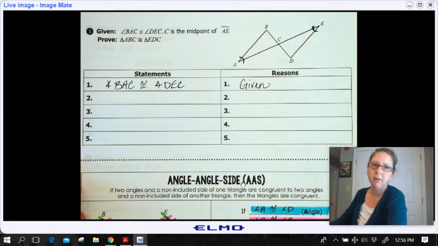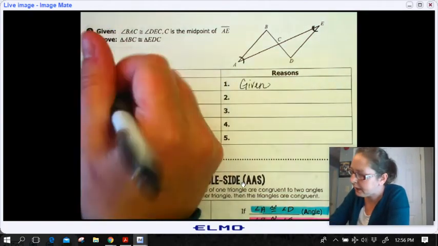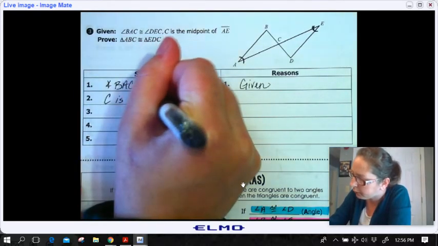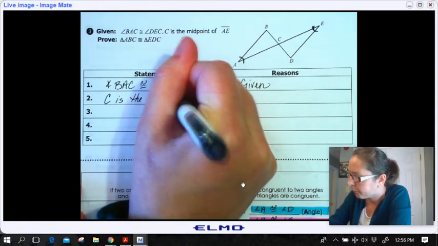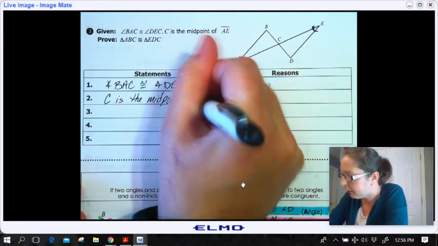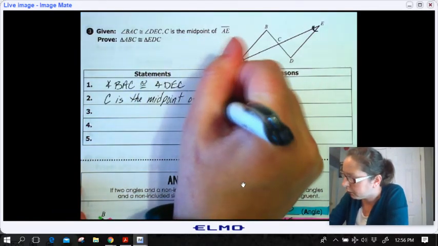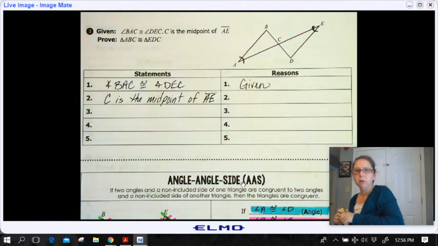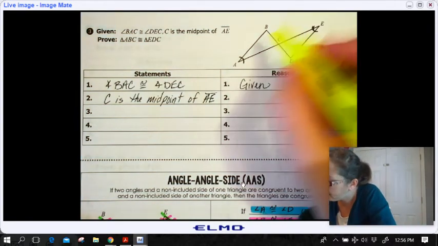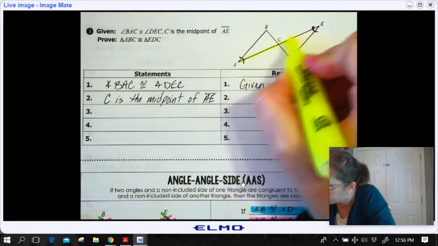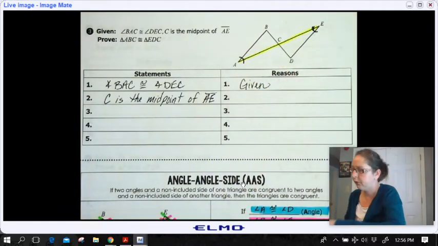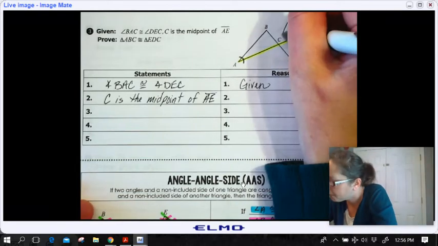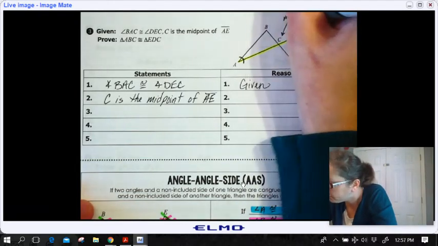All right, next they tell me that C is the midpoint of AE. So if that is the midpoint of AE, let's go ahead and identify AE. There's AE, C is the midpoint.